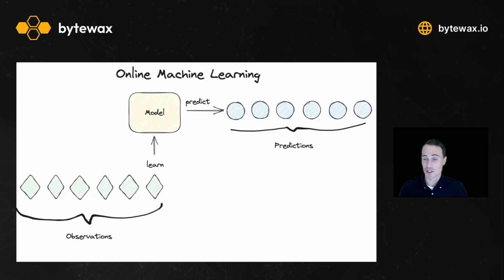Another reason we might choose to use online machine learning is to take advantage of its ability to adapt to dynamic systems, since it is constantly learning. So if our data has a tendency to change the average over time, our model can react to that. For online machine learning on streaming data, the model representation needs to be kept in state, and hence the necessity for a stateful stream processor.